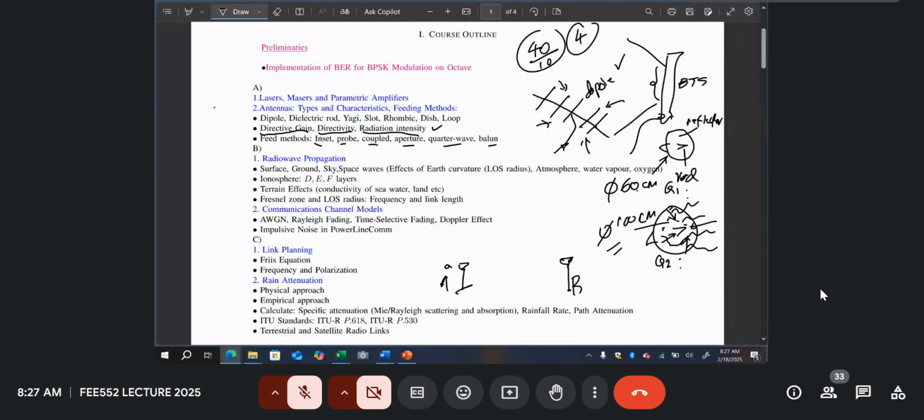When transmission is happening, you form a Fresnel zone. It doesn't just go in a straight line. There's an area on which your signals are transmitted. There's a way you define that region as a Fresnel region, and you can determine the diameter at the middle, or the radius.